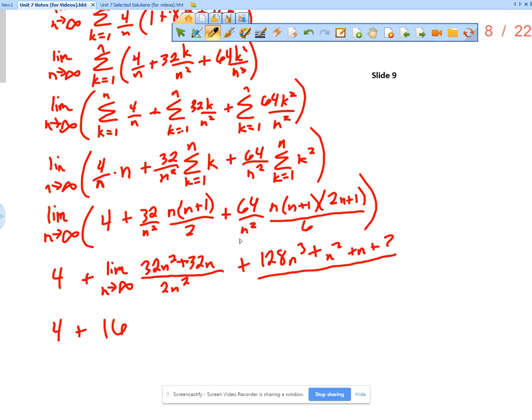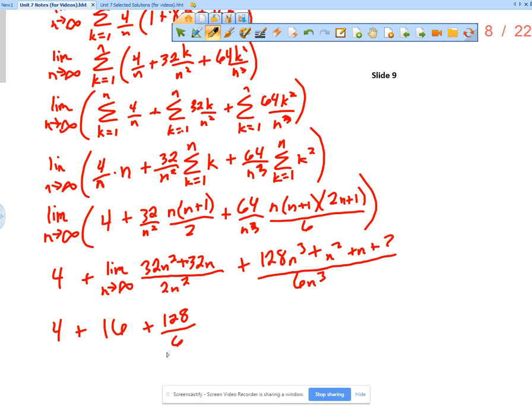Because take a look, my denominator should be n cubed. I apologize. So in the denominator I have 6n cubed. You'll notice the n cubed is the same on top and bottom, and so once again we're going to divide by n cubed, and we're going to end up with 128 over 6. So 128 over 6, and now you'll notice there's no variables left.